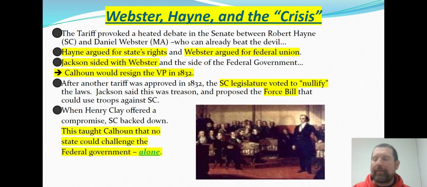The tariff provokes incredible debate among senators back in Washington, D.C. There's Robert Hayne, a senator from South Carolina, and Daniel Webster, who argue back and forth on the floor of the Senate. Now, Daniel Webster, I would just take a note. Maybe you read The Devil and Daniel Webster in one of your English lit classes.